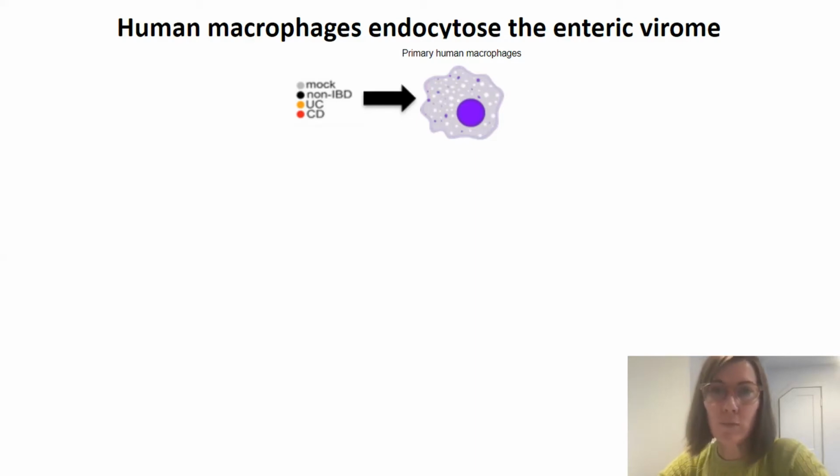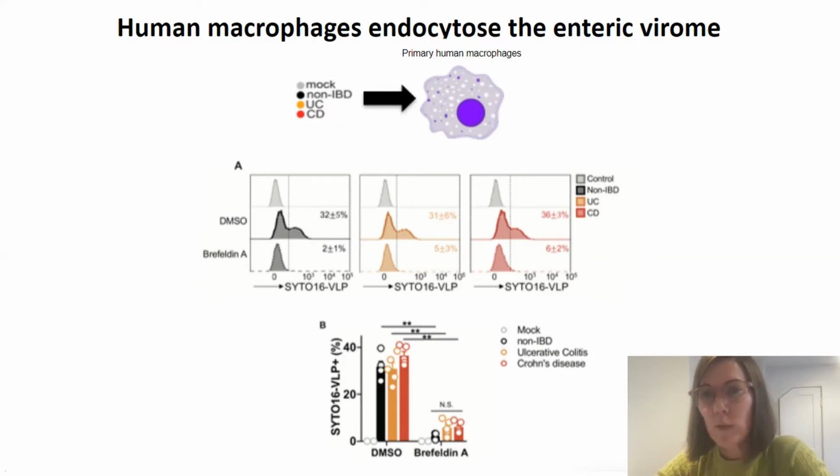To do this, we took primary human macrophages from healthy blood donors, and then we put either the non-IBD viruses, the ulcerative colitis viruses, or the collective Crohn's disease viruses on these primary human macrophages. The first thing we could see was that these viruses were taken up into the macrophages quite readily.